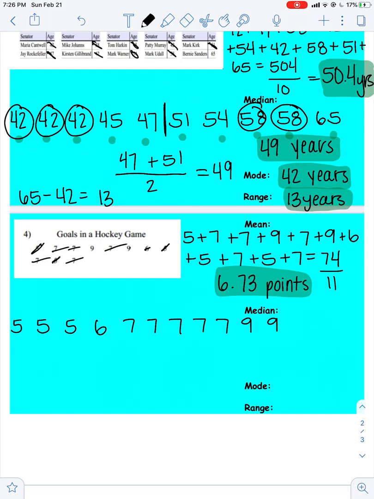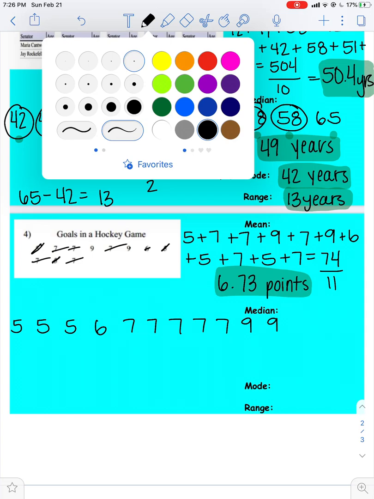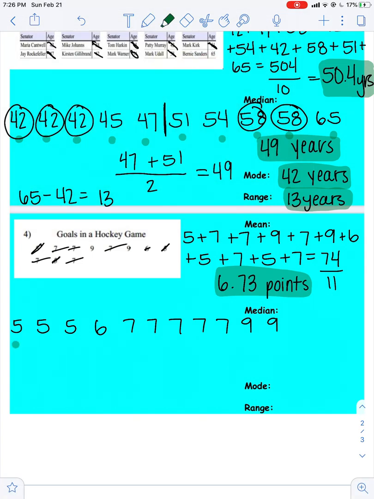So since I have 11, I'm going to look for an equal number on both sides, going back and forth. And we can see right here that my median will be 7 because now I have 5 numbers on either side of that 7.